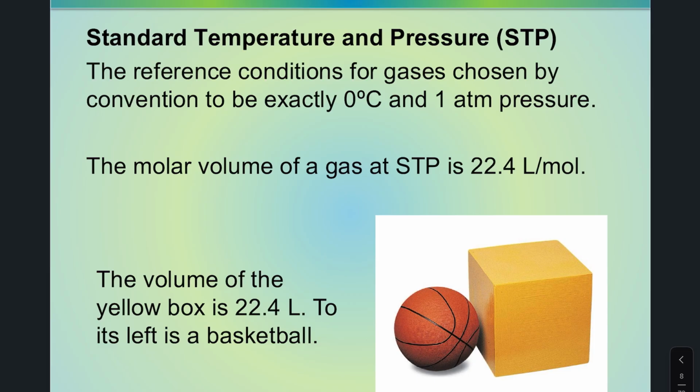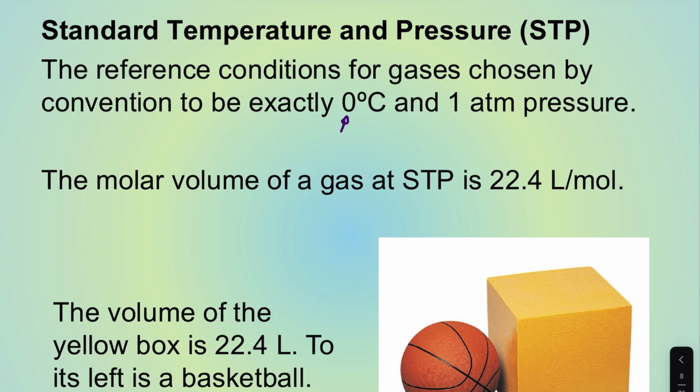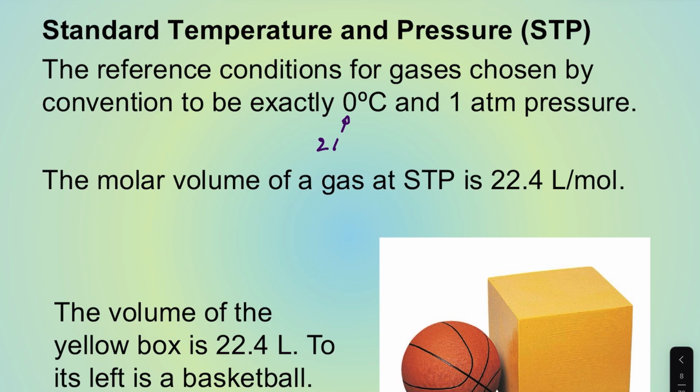So exactly 0 degrees Celsius, which, if you'll remember, is 273.15 Kelvin, right? Because all you do is add 273.15. Exactly 1 atmosphere of pressure, which could also be written as 101 kPa, could also be written as 760 millimeters of mercury.